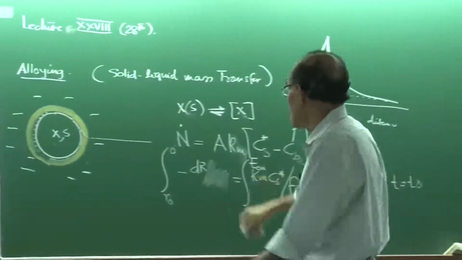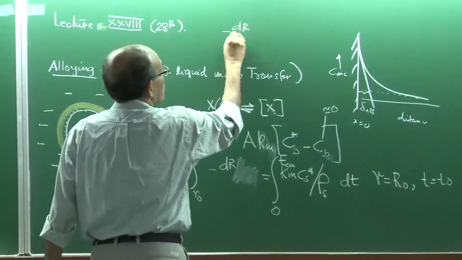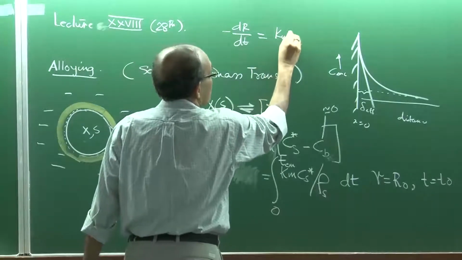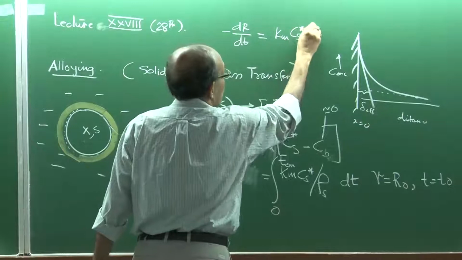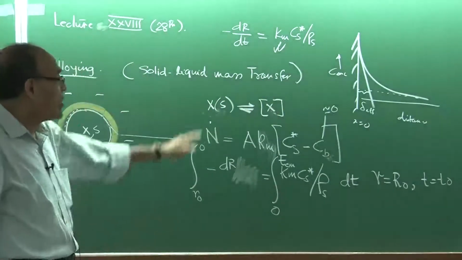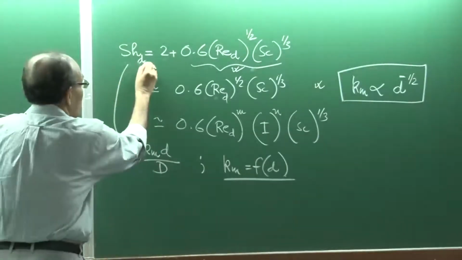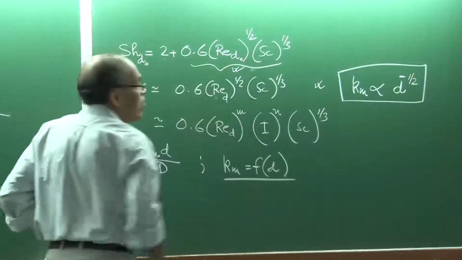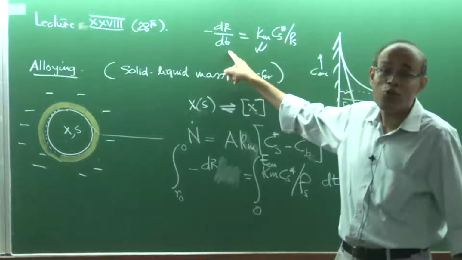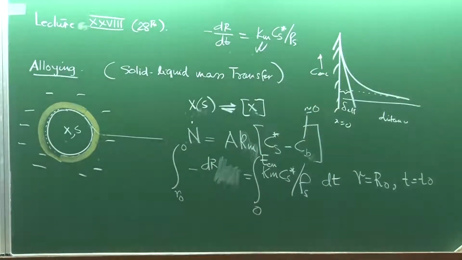in that case what you can at best get is the rate of dissolution, minus dr over dt, as I have written, which we call the rate of dissolution of the spherical object, equal to the mass transfer coefficient times this divided by rho s. And if you apply a Km value which is constant, deduced on the basis of the initial diameter of the sphere, then the dr over dt that you calculate will only represent the initial rate of dissolution.